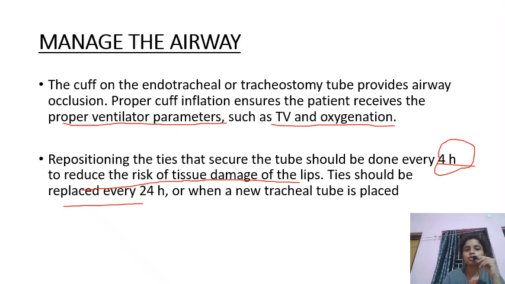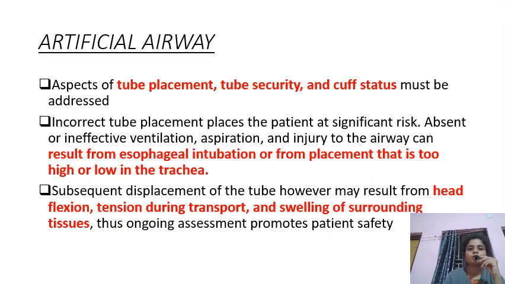While repositioning, you need to check at what level you are fixing the ET tube. The ties you are using should be replaced every 24 hours or when a new tracheal tube is placed.